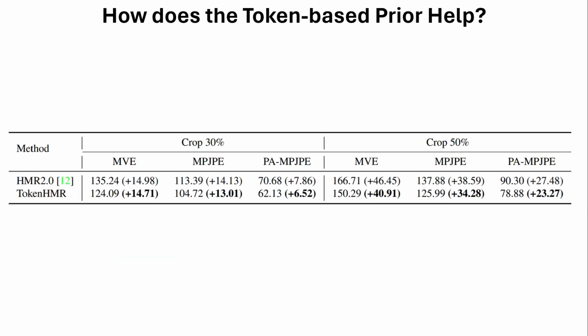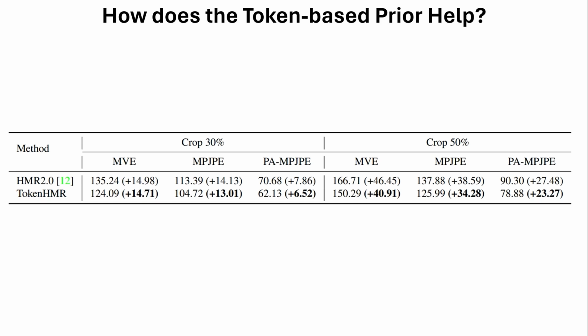And the other thing that they also tested is this: once we are using this VQ-VAE, what we expect is that we should learn a good prior. And a good prior means that once I crop 30% or 50% of the person and see only half of the person, of course the result becomes worse.